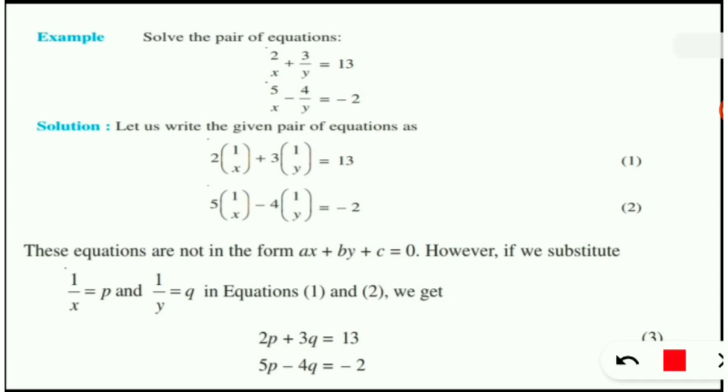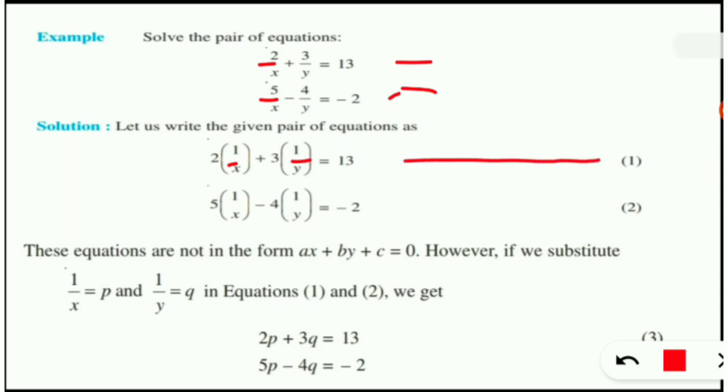Now the question is: solve the pair of equations 2 by x plus 3 by y equals 13 and 5 by x minus 4 by y equals minus 2. These two equations can be written as follows. The first equation, 2 by x plus 3 by y equals 13, can be written as 2 into 1 by x plus 3 into 1 by y equals 13.